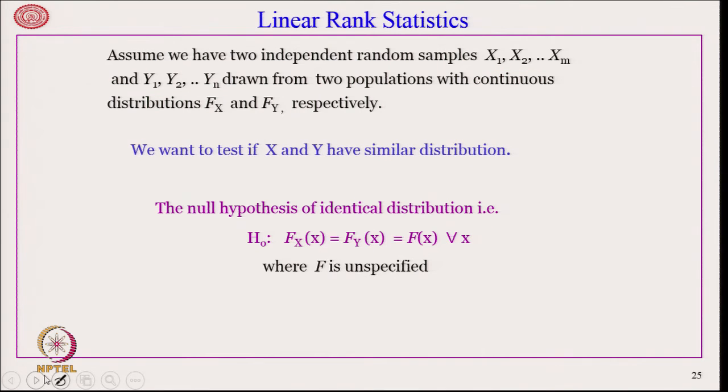Thus, when we are comparing the distribution functions of two different populations, we are trying to check if f x is equal to f y, equal to some common distribution function f, which is not specified to us. So, in effect we are checking if these two samples are coming from the same population.